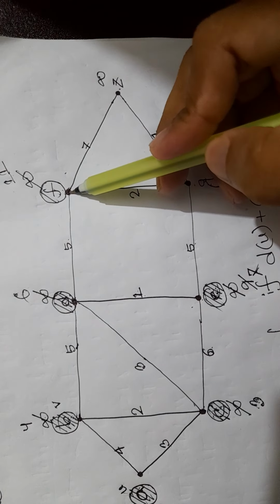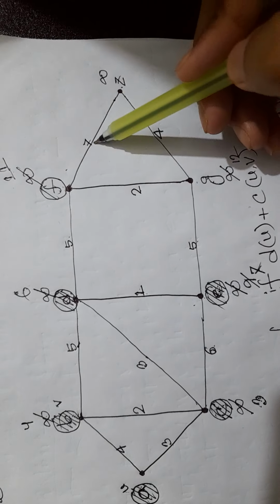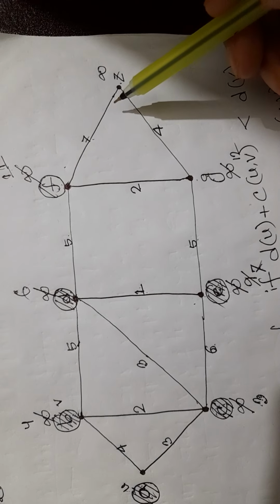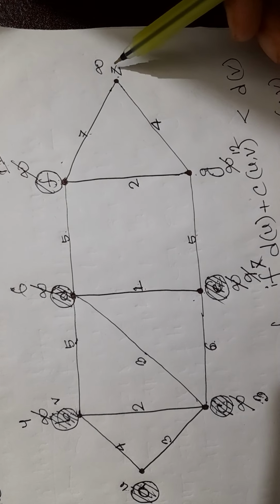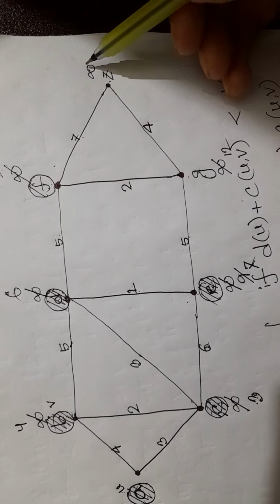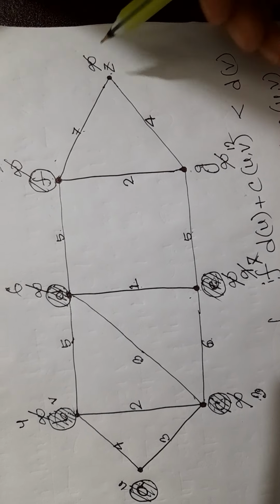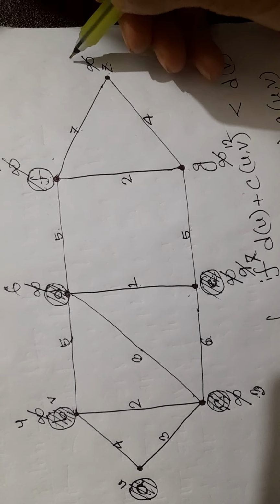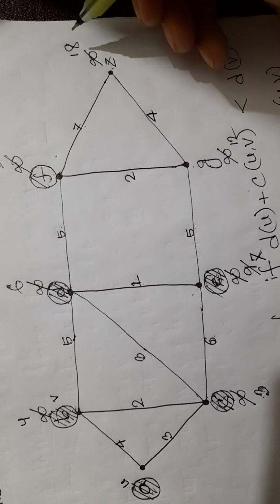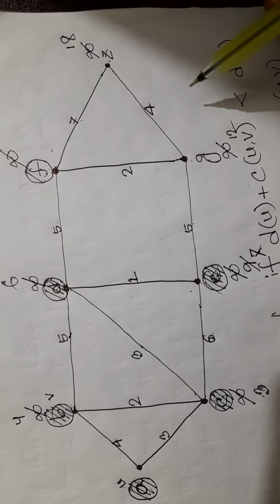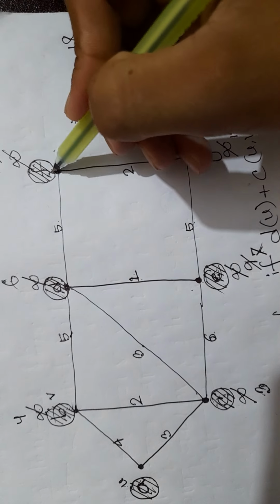So 11 plus 7 equals 18. 18 is less than the distance of Z, infinity. So the distance of Z is updated to 18. Okay, then F is completed.